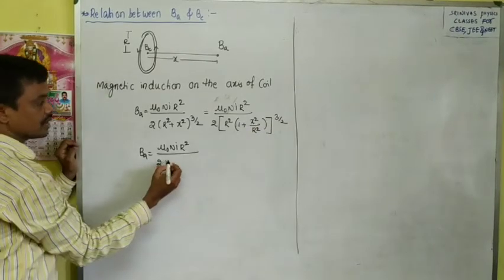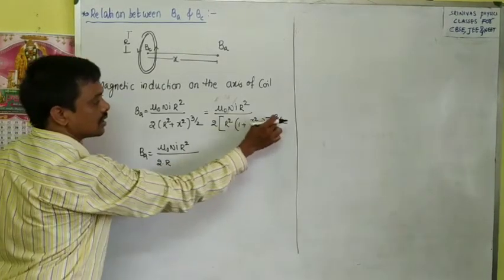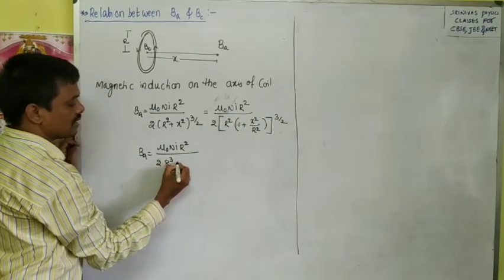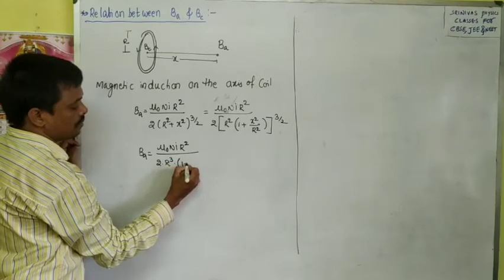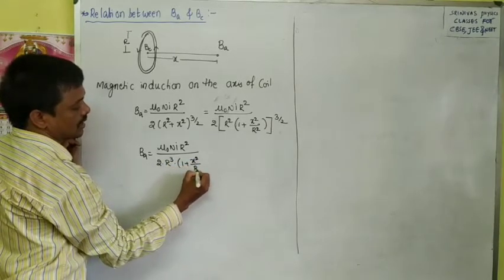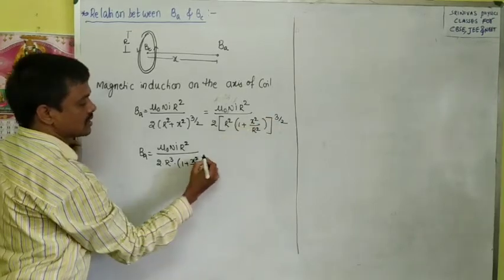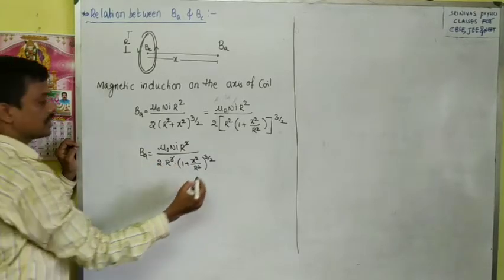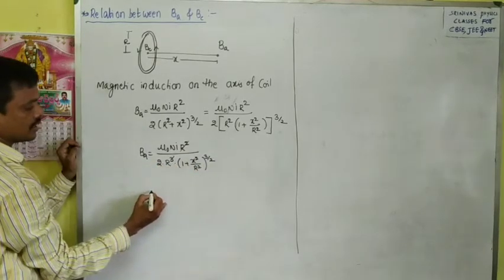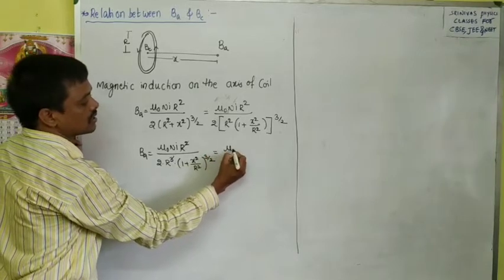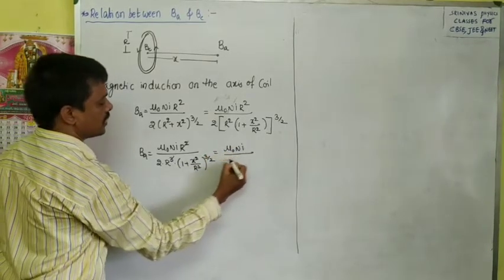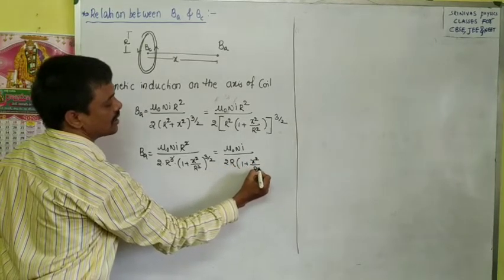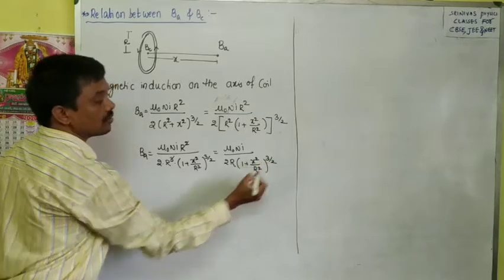Now r square and r cube cancel, and finally we get mu naught N i by 2r into 1 plus x square by r square whole power 3 by 2.